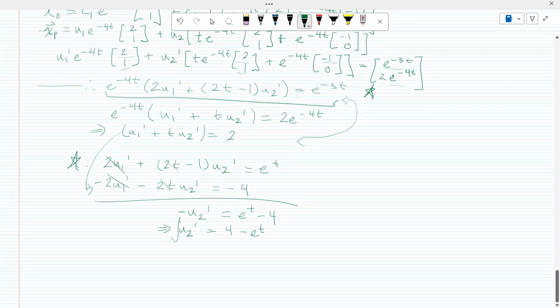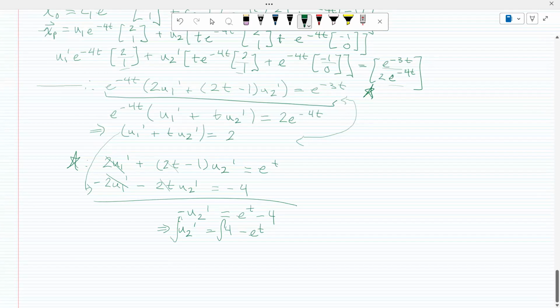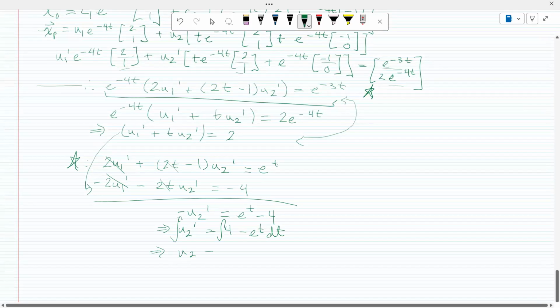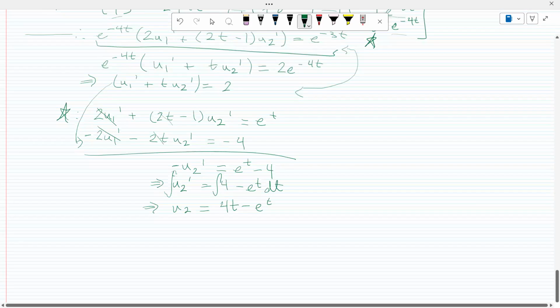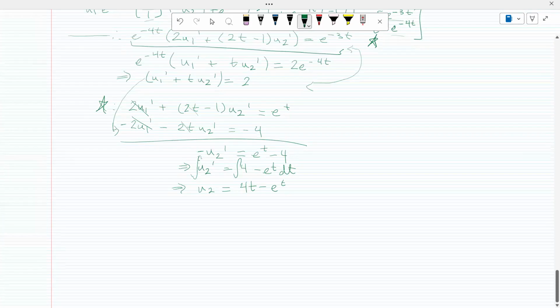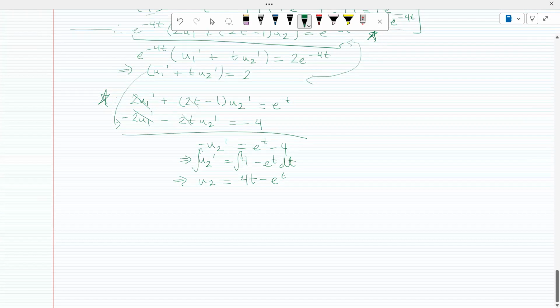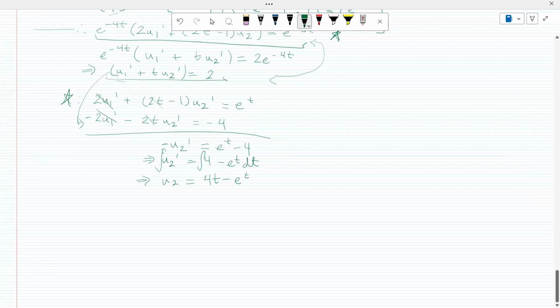Then we take the integral on both sides to get that u2 is equal to 4t minus e to the t. Now we have our expression for u2, and we can substitute back into the equation above to get u1 prime.